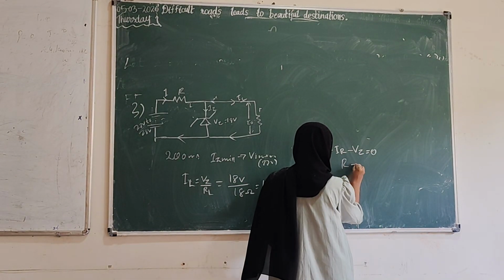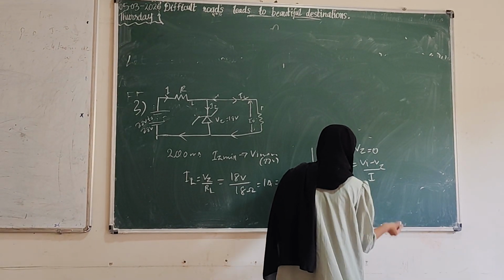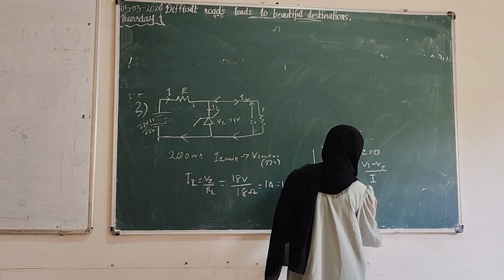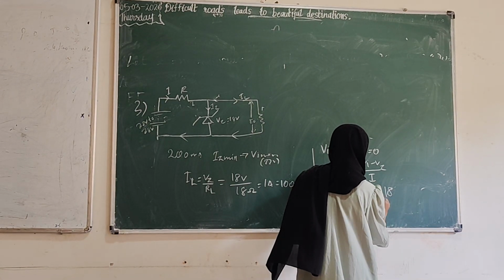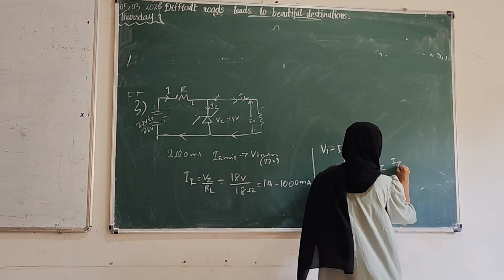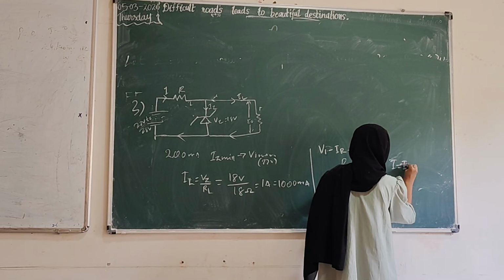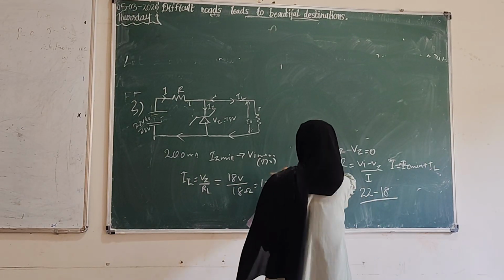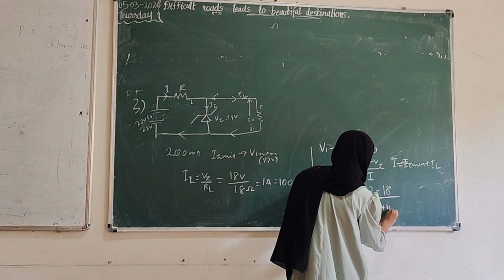So R is equal to VI minus VZ by I. That is VI here is 22 and 18, by I. I is IZ minimum plus IL, that is 200 milliampere plus 1000.